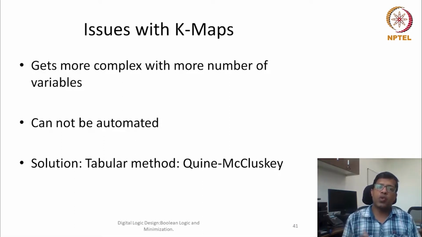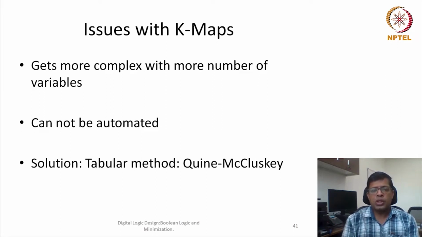If the number of variables is more, then complexity is beyond control. The best advantage of K-map is that it is visually appealing, and we can visually look for implicants and minimize the terms, but that will be lost as the number of variables increases. Further, when you solve problems with K-maps, you will observe that sometimes you will miss a particular optimization or particular combination which could otherwise have been there.